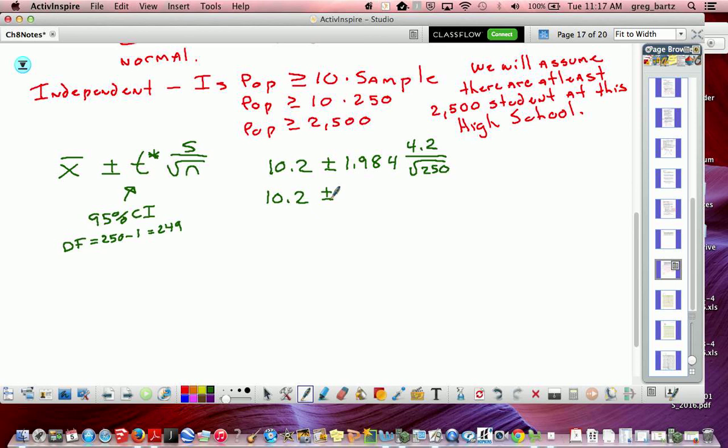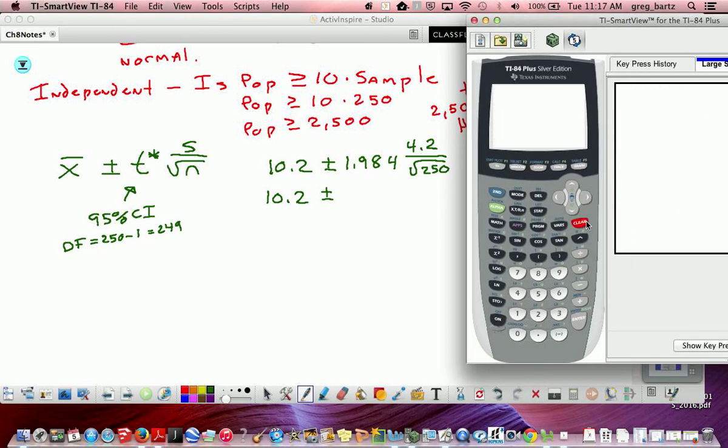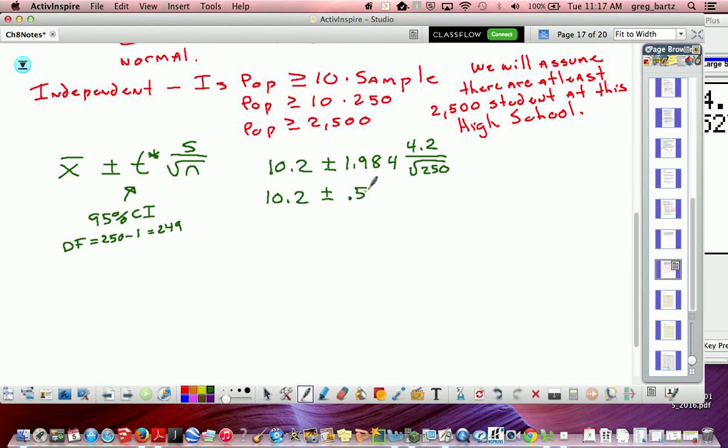So I'm going to do a little quick calculation. 1.984 times the 4.2. Then we're going to divide it by the square root of 250. So I'm just going to round it to 2 decimal places, 0.53.